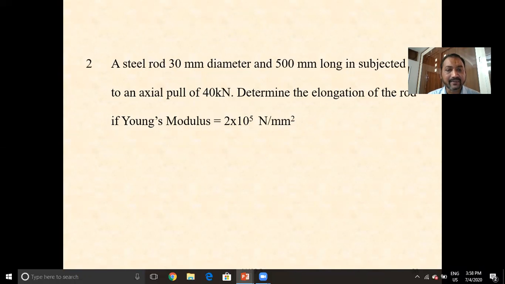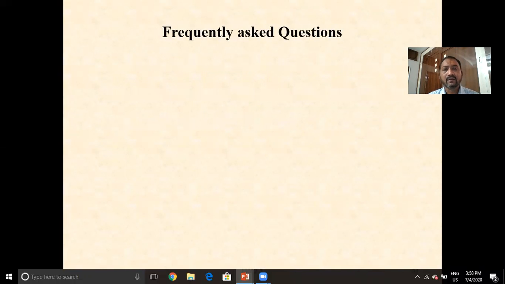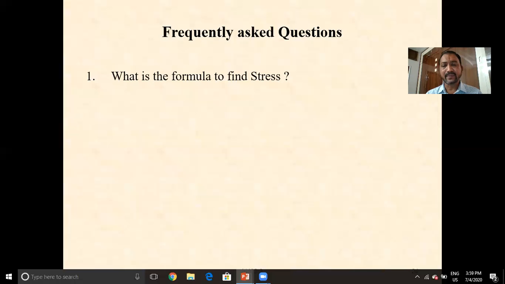And the second problem also, the next, so we can have some frequently asked questions in the examination. This is for the exam's point of view. So first of all, what is the formula to find out the stress? The stress is equal to P by A, force by area.